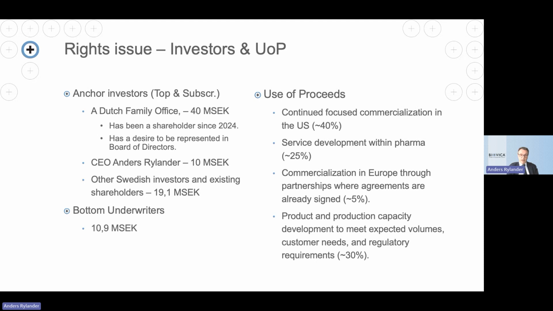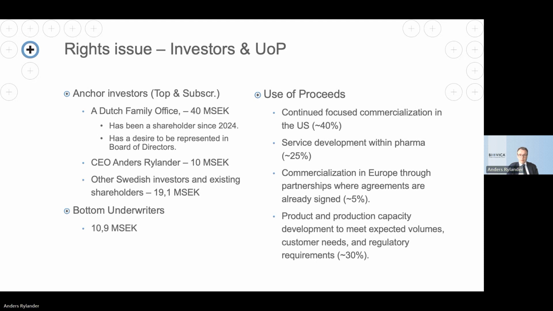So it's the same 80 million, but it's just structured or cut a little bit differently, so you can understand who is putting in how much money in total, in terms of top and subscription commitments. Bottom underwriters only 10.9 million, and again, we're really, really happy about this structure.